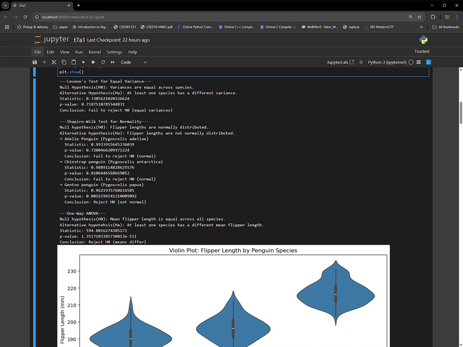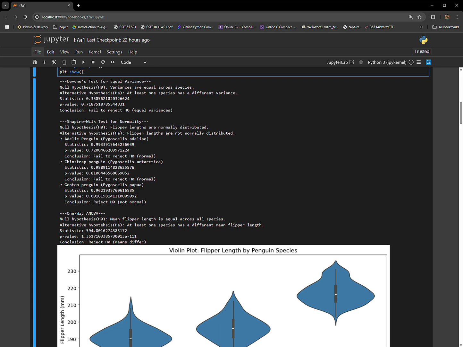For the Shapiro-Wilk test for normality, that was done for each of the three species. Two of the species, the Adelie and the Chinstrap, had p-values greater than 0.05. Therefore, we failed to reject the null hypothesis for both of those, that there is in fact normal distribution.